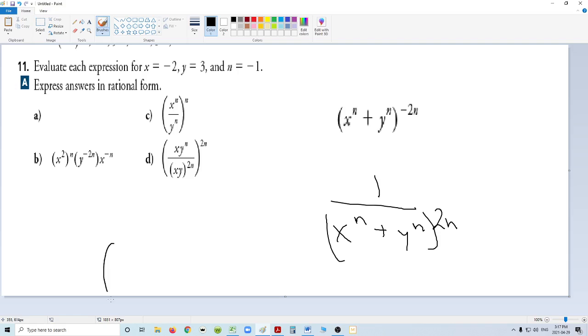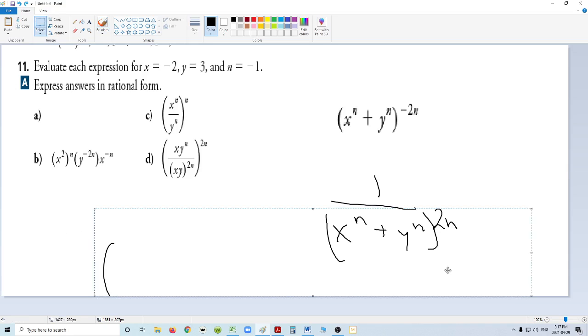I don't think you can do... There's nothing you can do about this because it would be expanded in that you wouldn't know how many times it's getting expanded. So at this point you would bring in your numbers. X is -2, n is -1. So you can see it kind of messes it all up.